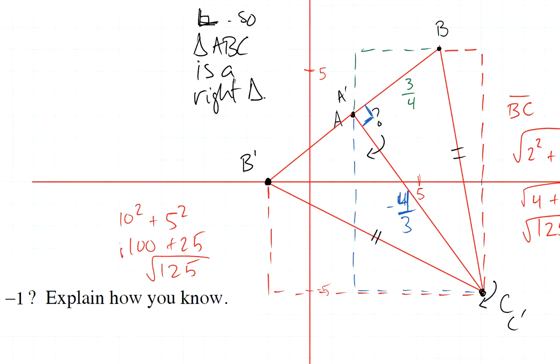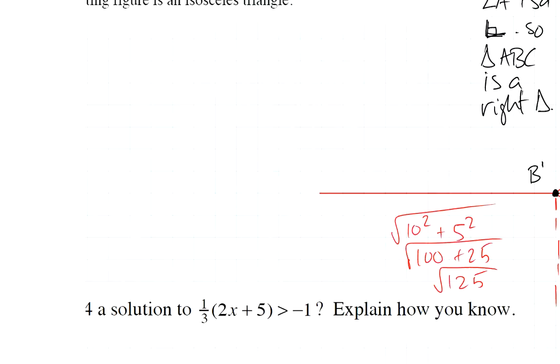So the length of the other segment is also the square root of 125. So since they're both equal to the square root of 125, it is very clear that this is an isosceles triangle with BC being congruent to B prime C prime.